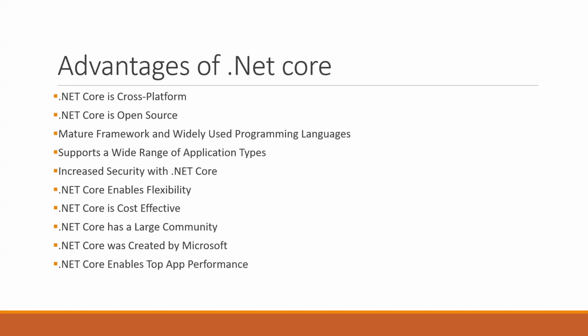So coming to cross-platform, .NET Core allows you to build applications that run on Windows, Linux, and Mac OS. We have seen this earlier also. This flexibility enables you to adapt to changing market needs and optimize your infrastructure cost. So you can develop on multiple platforms, including Linux, Mac, and Windows.